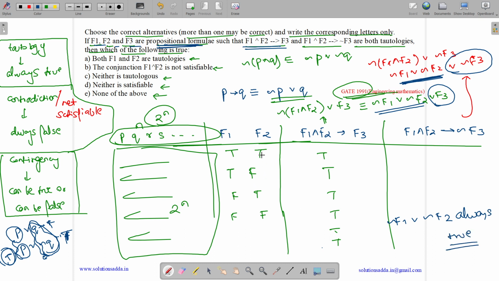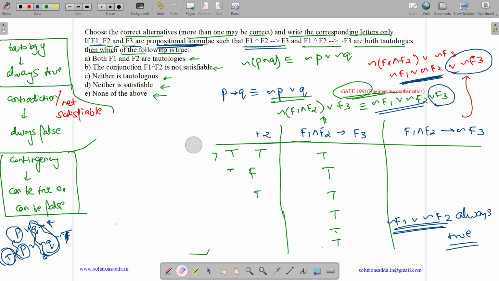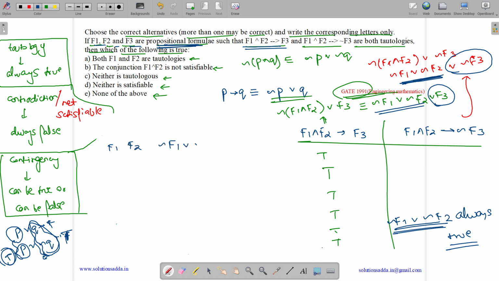Now let us draw the truth table for this negation of F1 or negation of F2. Okay, so I will draw the truth table over here. We have F1, we have F2, then we have negation of F1 or negation of F2.